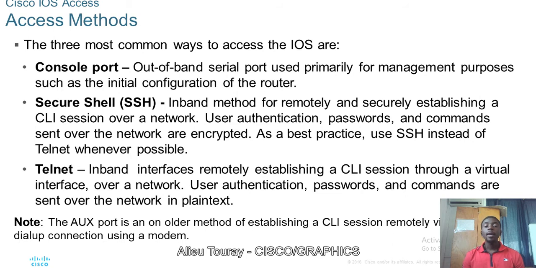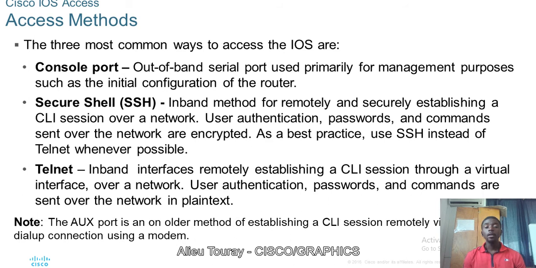But in a situation where my router or my switch is in a different location, how do I access it? I will use in-band. With the in-band method, I will have to log in remotely. Remote login can be done two ways. You can do it with Telnet, which is not very secure, or if you want secure remote connectivity, you go with SSH.